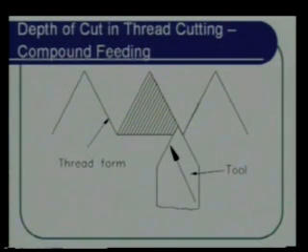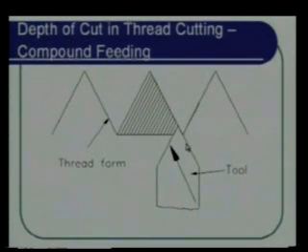The other way to do it is what is called compound feeding, wherein the tool will be moved along the flank of the thread, so that only one side will be cutting. There will be only clearance on this side. So it will be cutting only on this side, so you can maintain a positive rake angle here. So the back rake on the tool can be made positive. That's what makes compound feeding a better alternative.